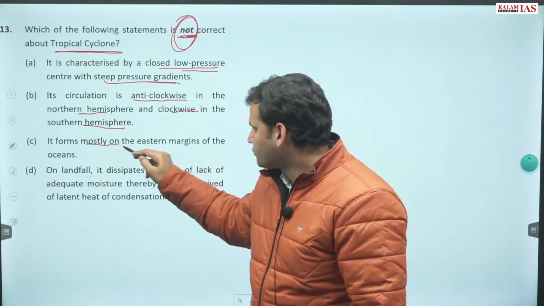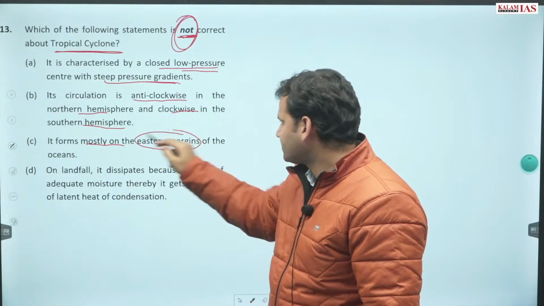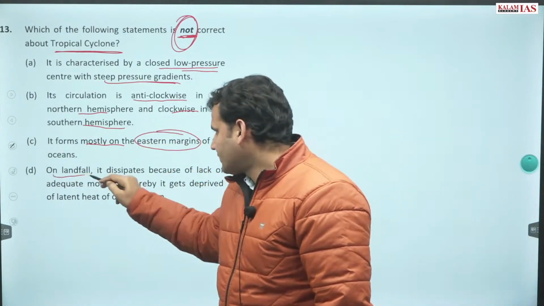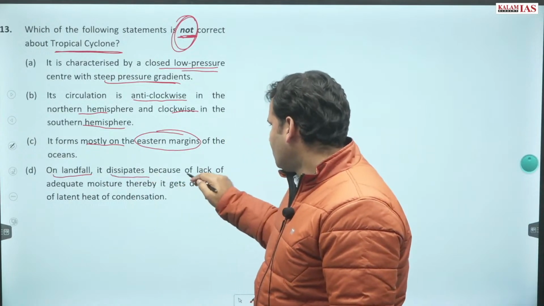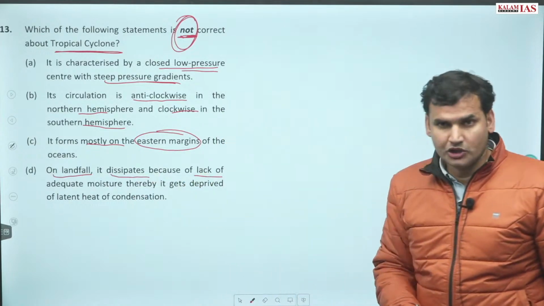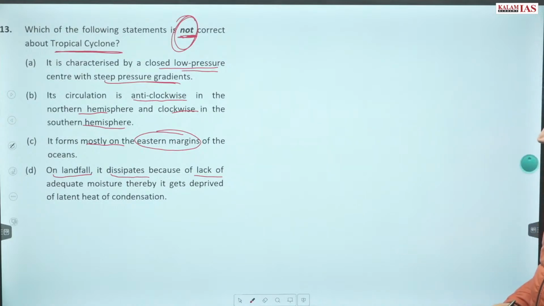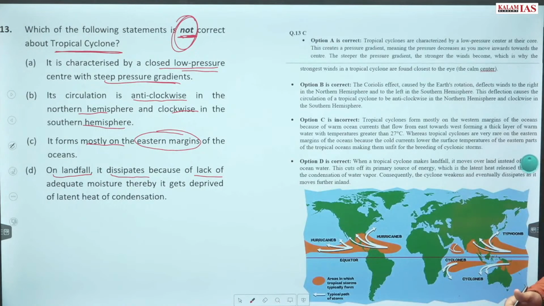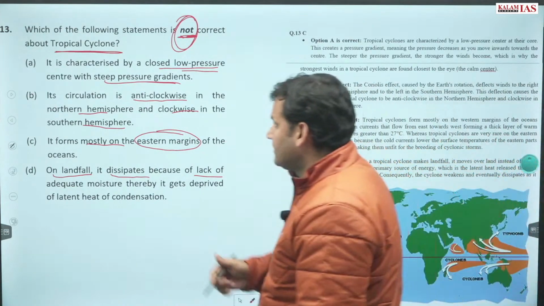It forms mostly on the eastern margins of the oceans. Or on landform it dissipates because of lack of adequate moisture, thereby it gets deprived of latent heat of condensation. They have asked for not correct. So which of them is not correct?